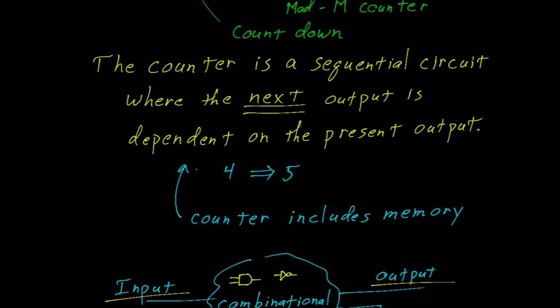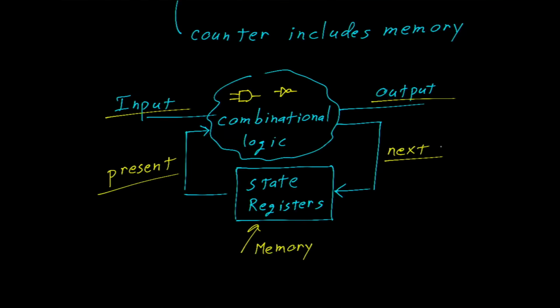The counter is a sequential circuit where the next output is dependent on the present output. So if the memory is currently holding the value of 4, if it's an up counter, the next value will be 5. Know that a clock signal is typically associated with these state registers.